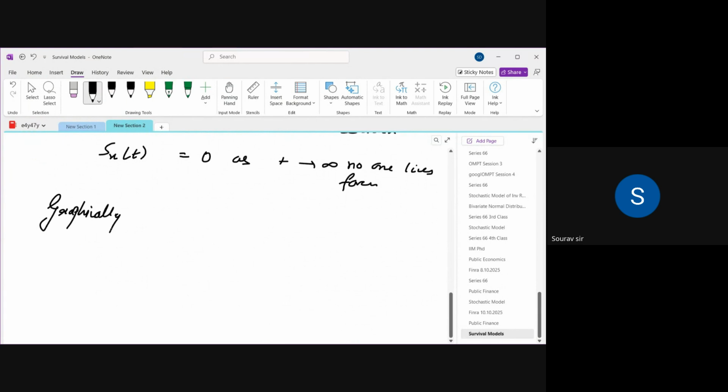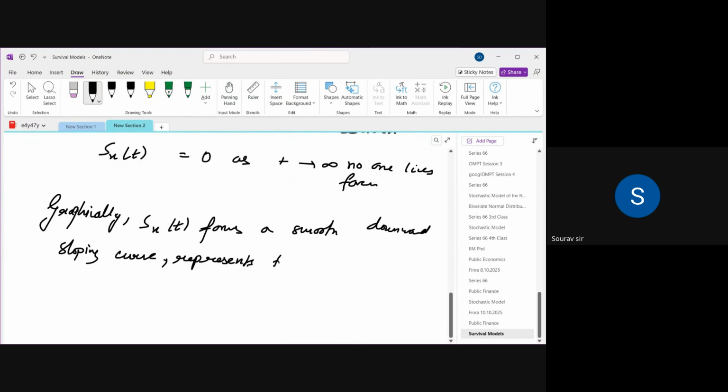So graphically, it forms a smooth downward sloping curve. So it represents the proportion surviving as time increases.